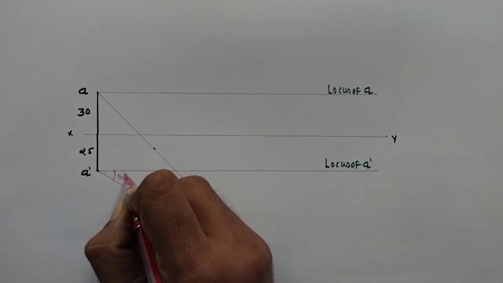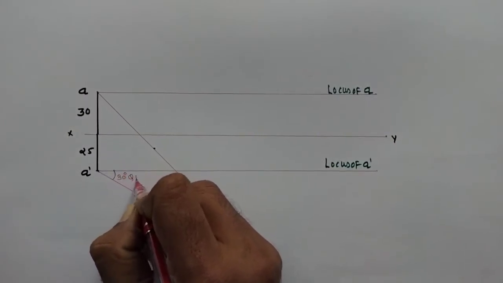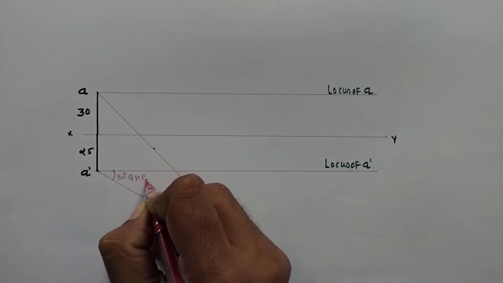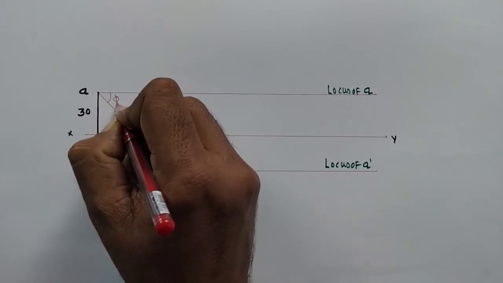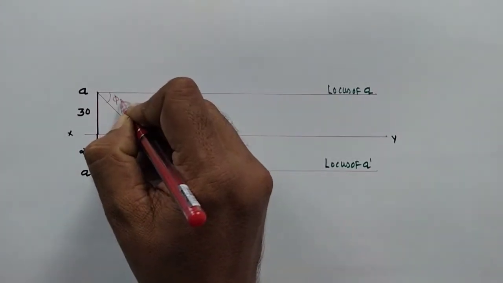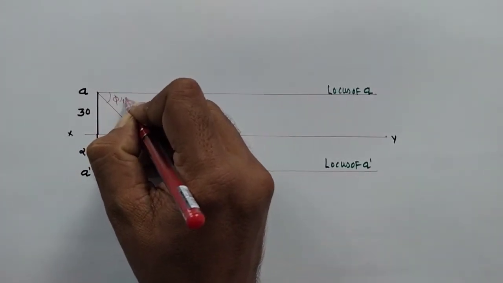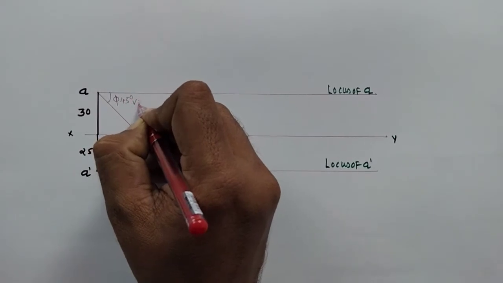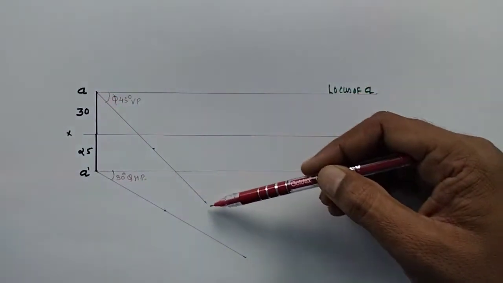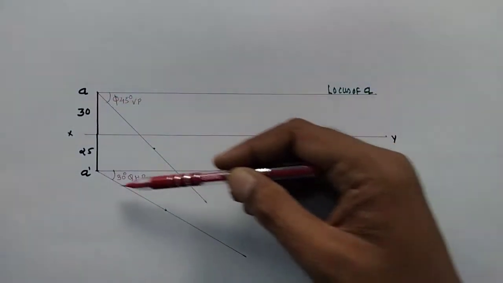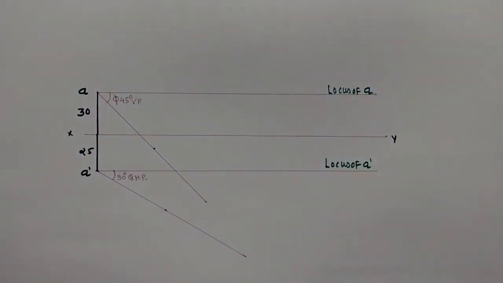This is my 30° theta angle with HP. This is our line inclined to VP, projection phi, 45° with VP. On this inclination line, you have the true length point in elevation as well as in plan.